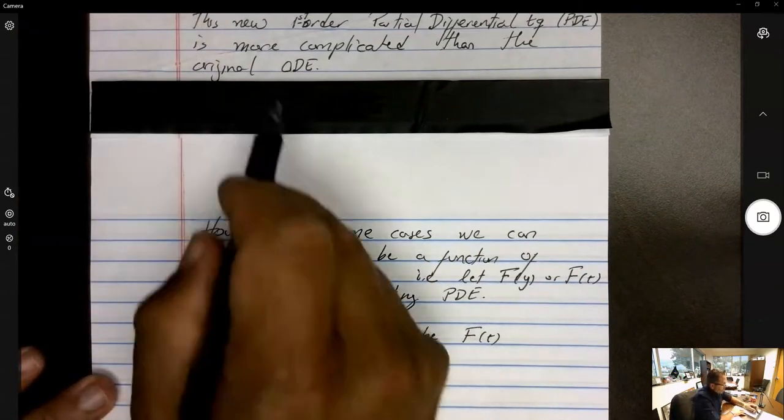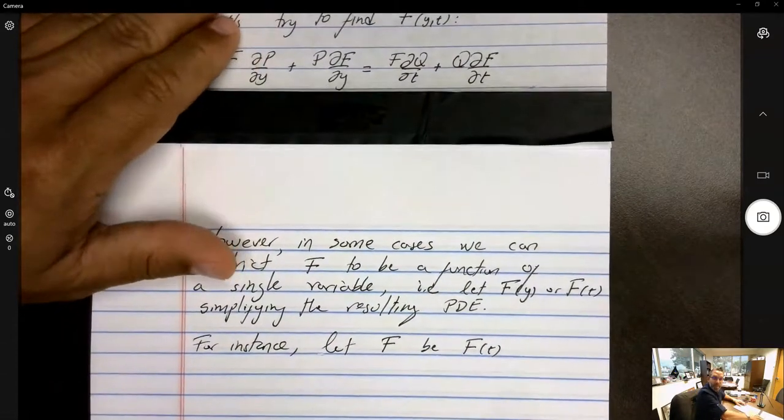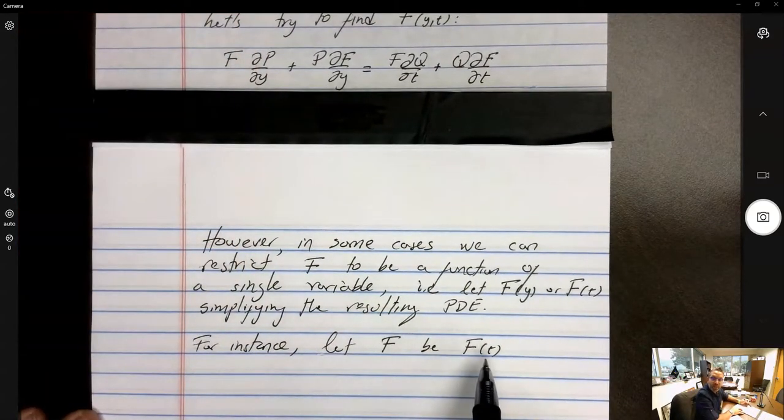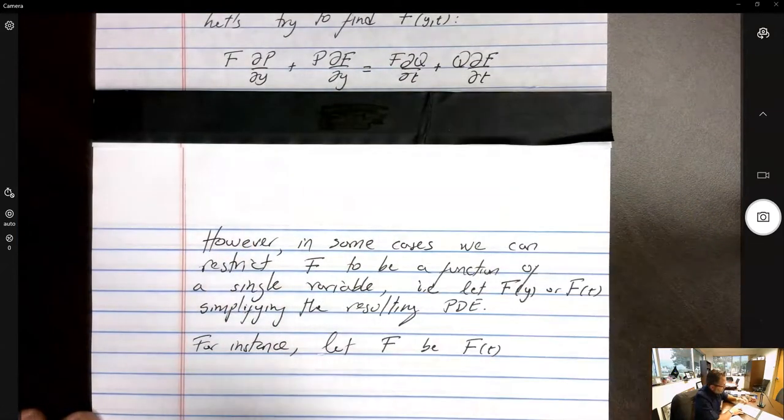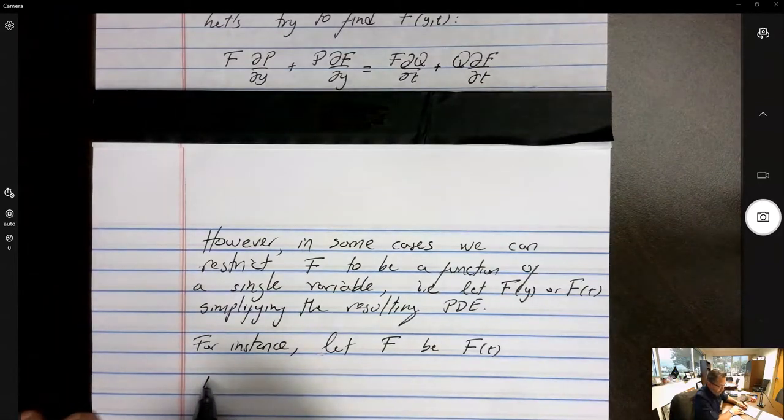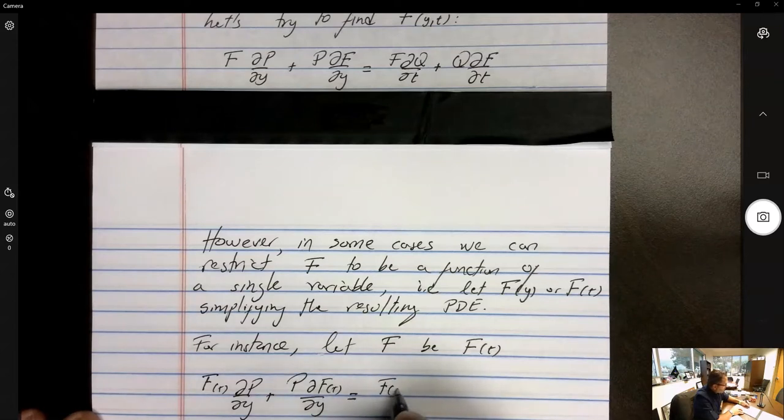So I'm going to take this differential equation up here, and if I say that f is just a function of t, this df dy goes away, and df dt becomes a total differential. So this will be f of t times dp dy plus p times df dy, which will now go to 0, is equal to f of t dq dt plus q df of t dt.